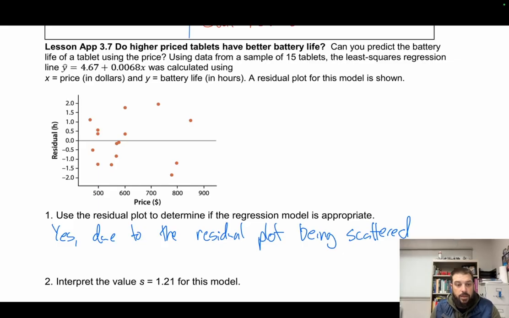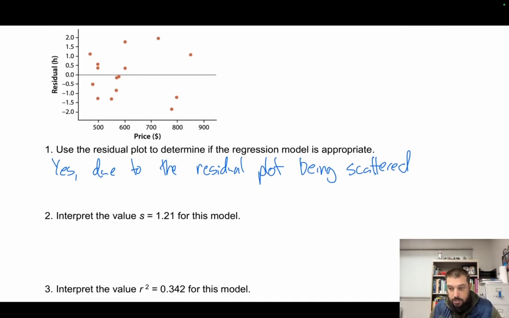So the residual plot is kind of all over, which means it's a good model. Okay, so with that, since it is a good model, let's go ahead and interpret the value of S, or standard deviation of the residuals, which is 1.21 for this model.